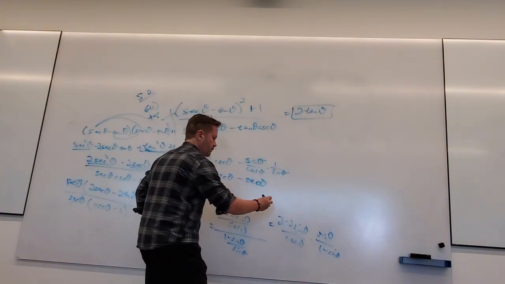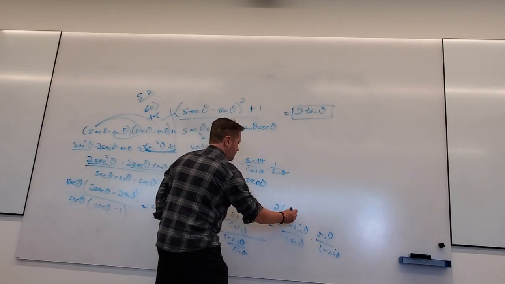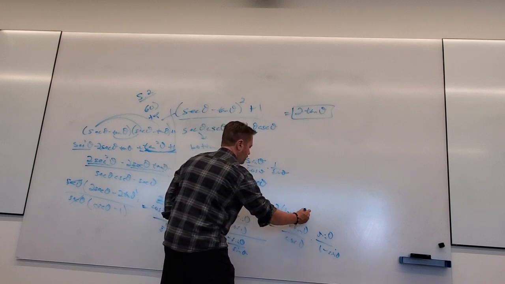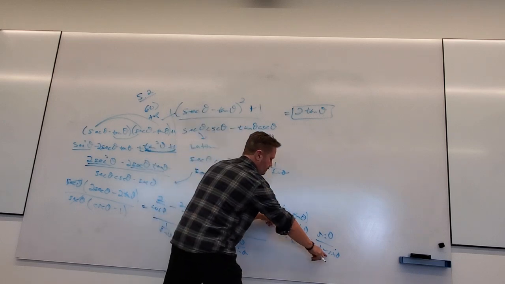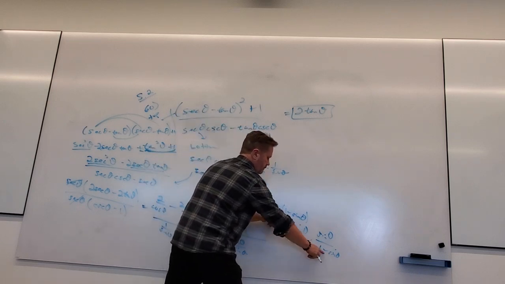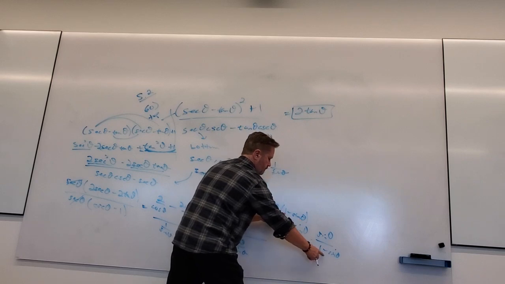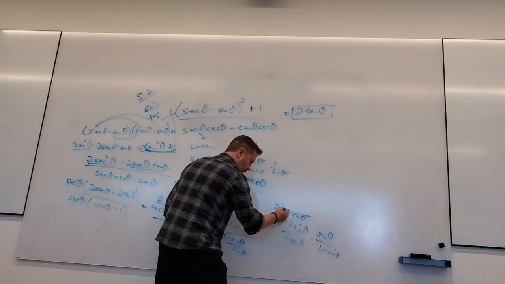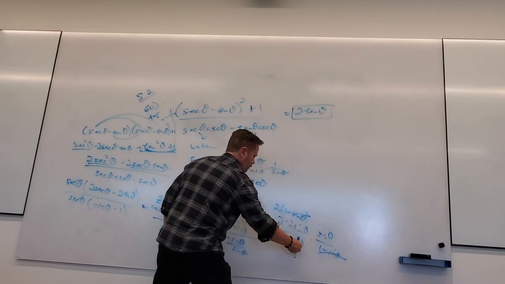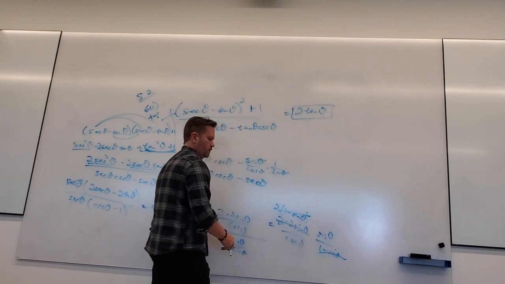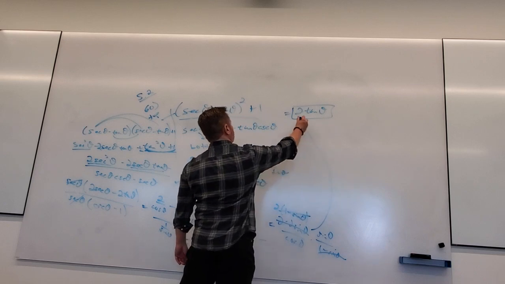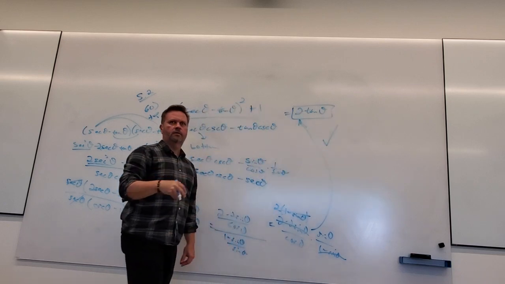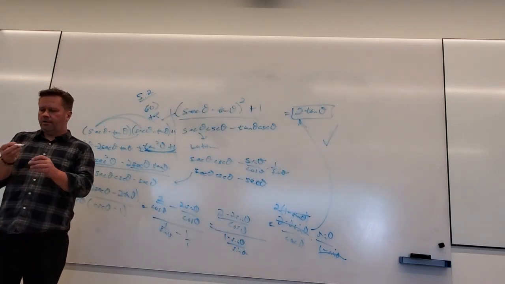But what can I do? Can't I take a 2 out? Which is what you told me to do earlier, and I just didn't. What happens now? They cancel each other out. And what's sine over cosine? Tangent. So I have 2 tangent theta. It's magic. I just couldn't stop myself.